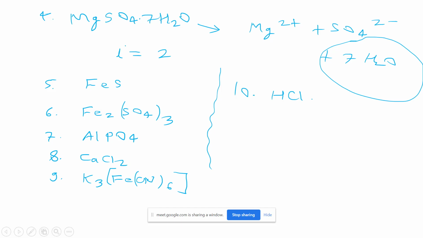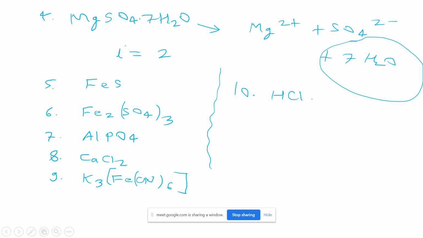For the first one, i is equal to 2. Second one, i is equal to 5. For the third one, i is equal to 2. For question number 7, i is 2.